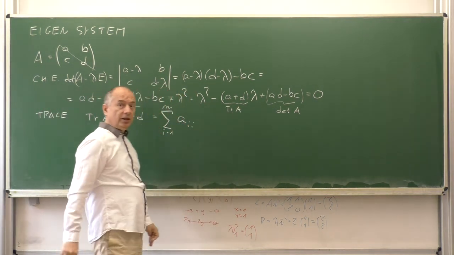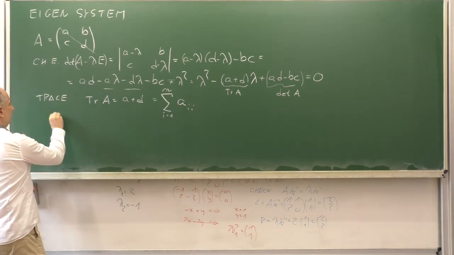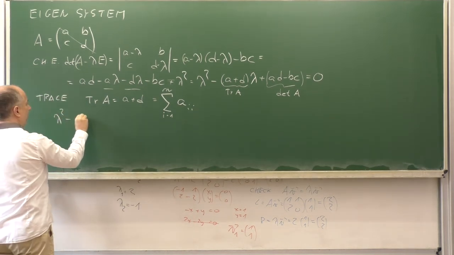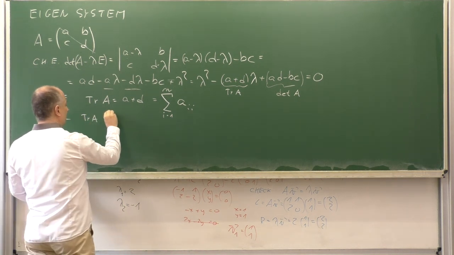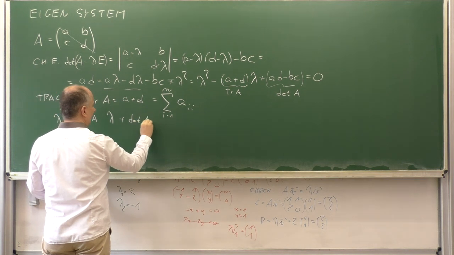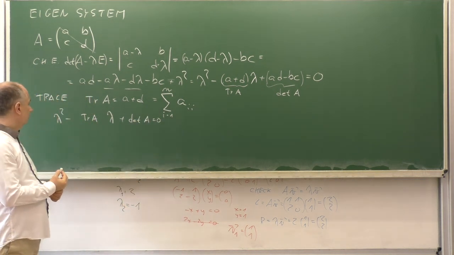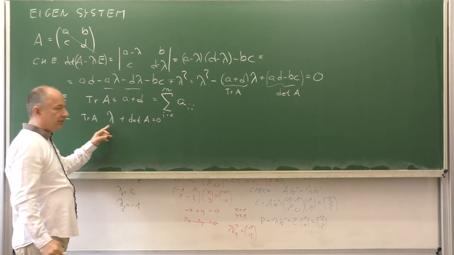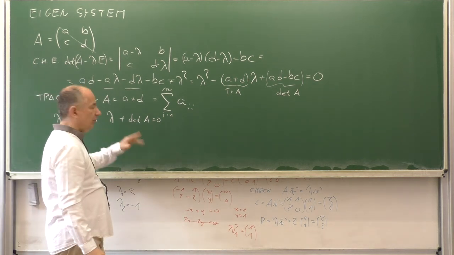So the characteristic equation for a 2x2 matrix can be written as lambda squared minus the trace of the matrix times lambda plus the determinant of the matrix is equal to 0. It is so nice for a 2x2 matrix. For larger matrices, there will be more terms.